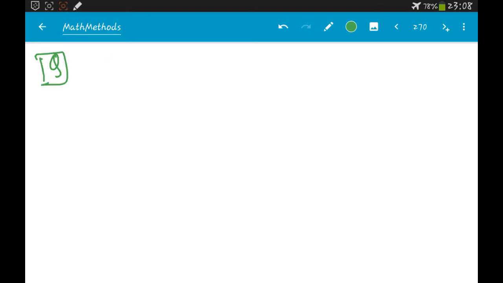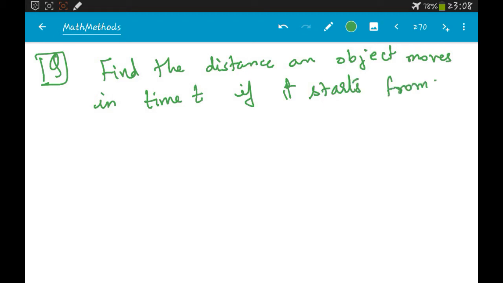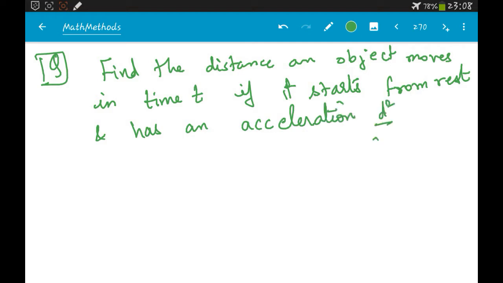Okay, so the problem is: find the distance an object moves in time t if it starts from rest and has an acceleration d2x by dt square given by g e power minus kt.